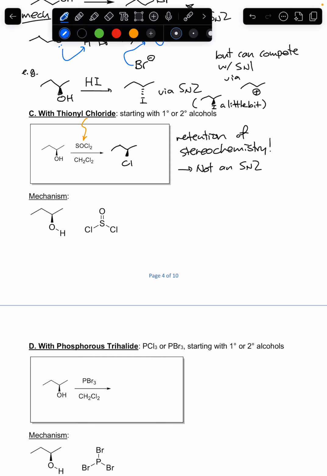Well, as you can imagine, like before, the sulfur is very electrophilic because it's doubly bonded to oxygen and also bonded to chlorine, which are all very electronegative. And so even a weak nucleophile could attack it because it's very partially positive. Like so, which by the way, this sulfur does have, interestingly, a lone pair on it.